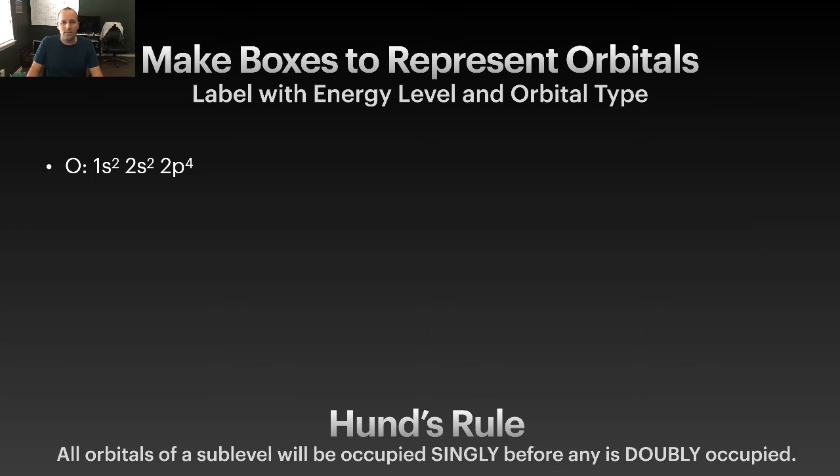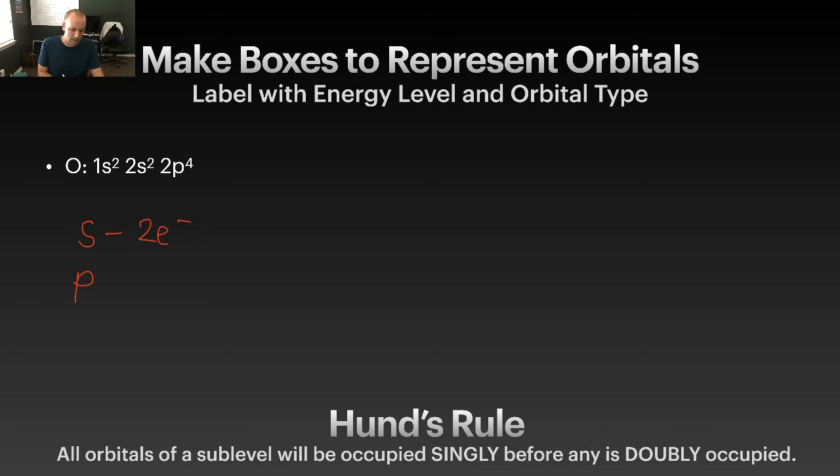So now that you have oxygen's electron configuration, what you're going to do is create a diagram or a picture representation of each of the energy levels, basically, and the orbitals. So one thing that you have to understand is that an s orbital only holds 2 electrons ever. So that means you're only ever going to need 1 box, because 1 box represents 1 orbital, and the maximum number of electrons in an orbital is 2 electrons.